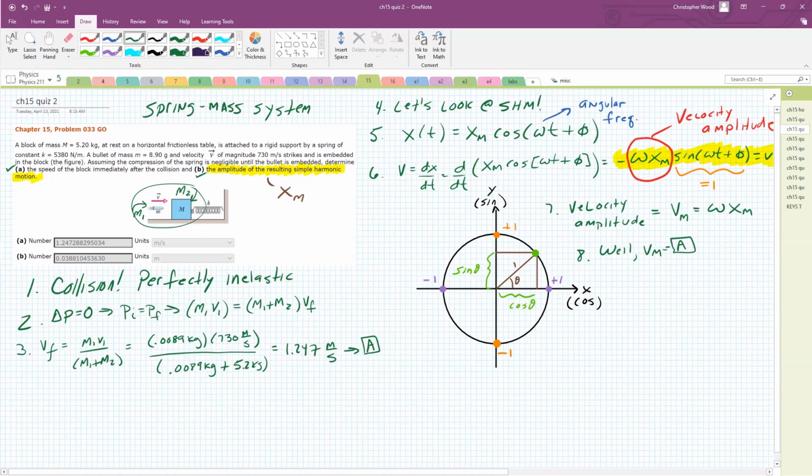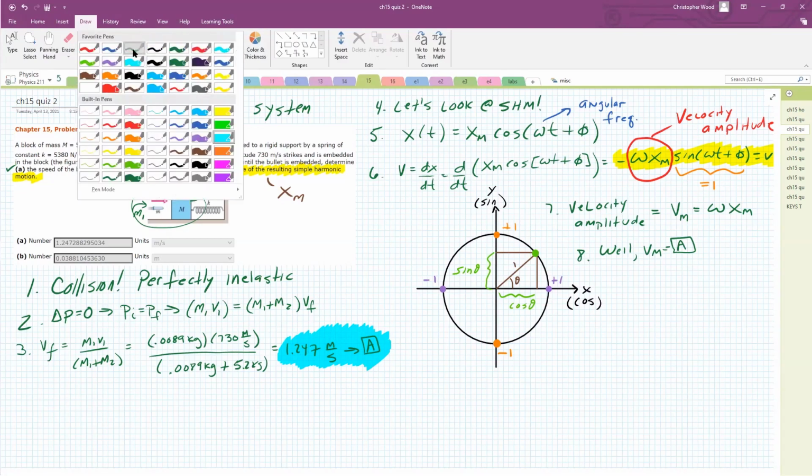The bullet smashes into the block. The slowing down happens immediately, because if I try to compress the spring, it's going to fight back. So whatever this value is for you, this is the high water mark. Your velocity will never be greater than what we got from part A, because as soon as that collision occurs, the spring is going to start slowing things down. So I guess I do need all of this.